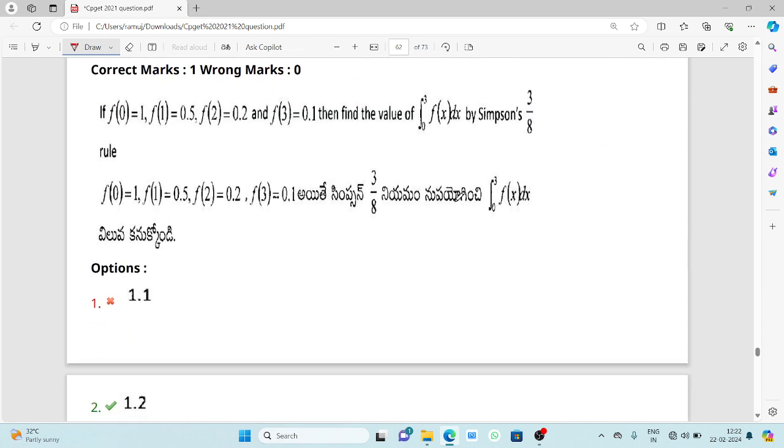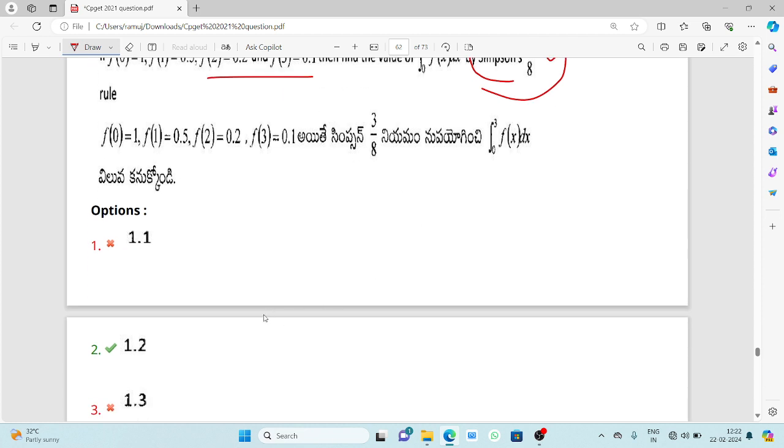Similarly, if you apply Simpson's 3 by 8 formula, you definitely get the answer. Just substitute the values into that formula. I will give you that formula also if you want.